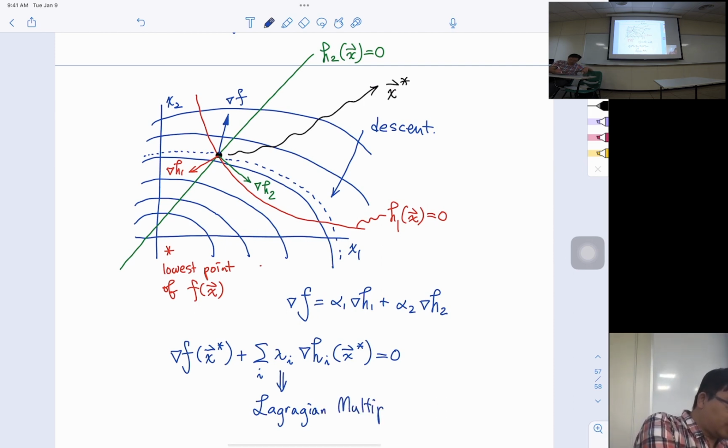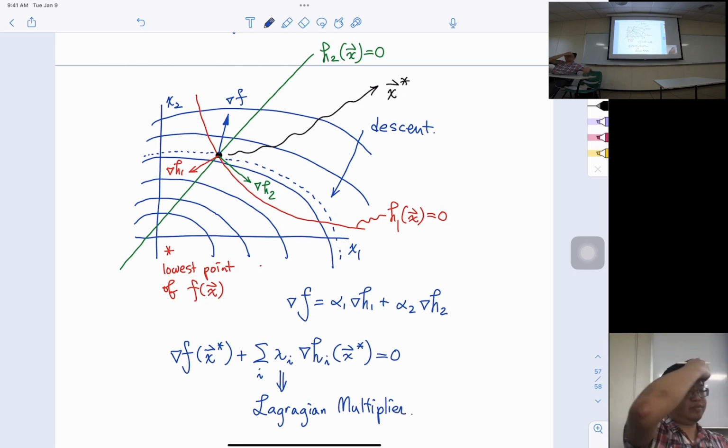Why didn't I use alpha? Because people like to use lambda, and in my previous definition, alpha is on the right hand side of the equation, and for the Lagrangian multiplier they like to write it on the left hand side. So to avoid confusion, I use different symbols, but they are basically weights. They are just weighting coefficients.